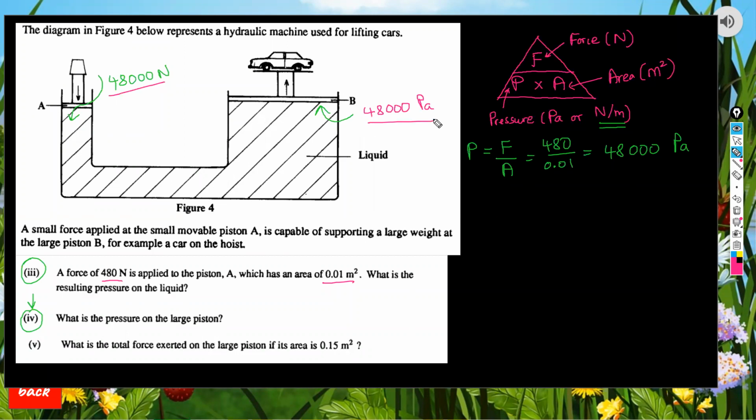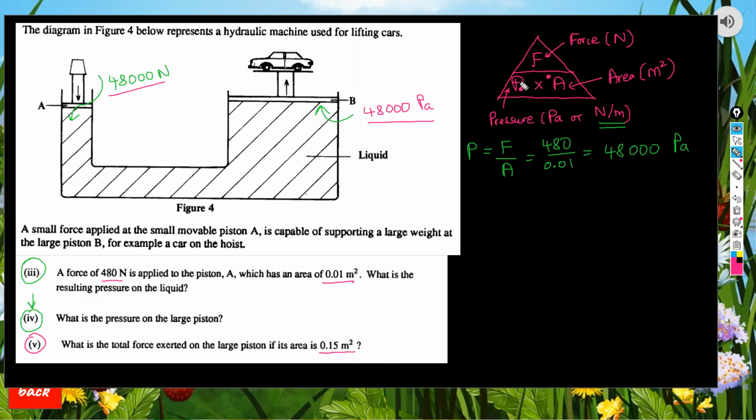Especially in these types of questions, only the pressure is the same on both ends, which means for part 4, you have a new area. So you have a new area and you have what? The pressure. Isn't it really, really easy now to calculate the force?